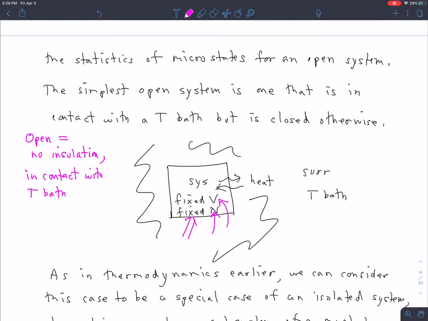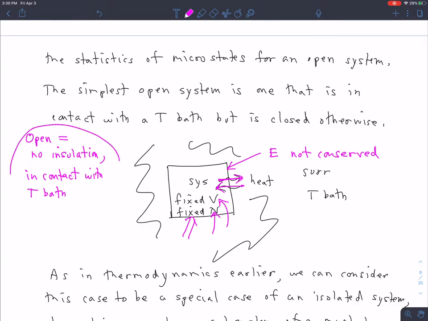Doesn't allow change of volume, so the walls are still isochoric or volume conserving. But the walls are not insulated, which means we can exchange heat with the surroundings, and so the energy is no longer fixed. Energy can exchange with the surroundings by heat exchanges.